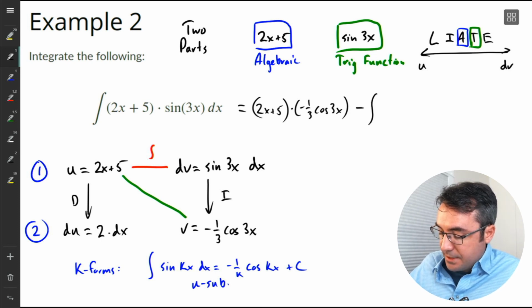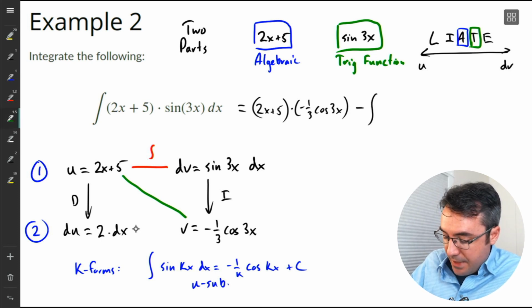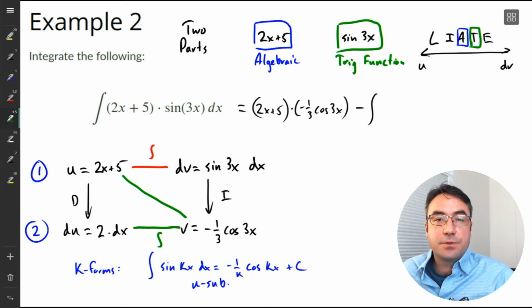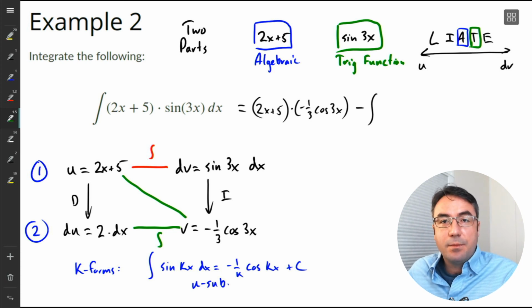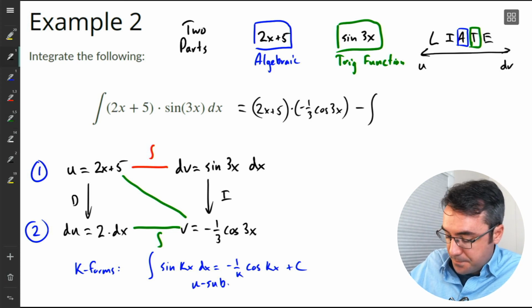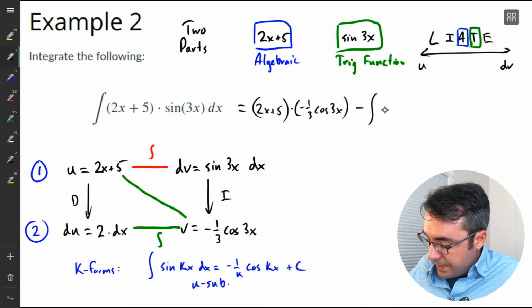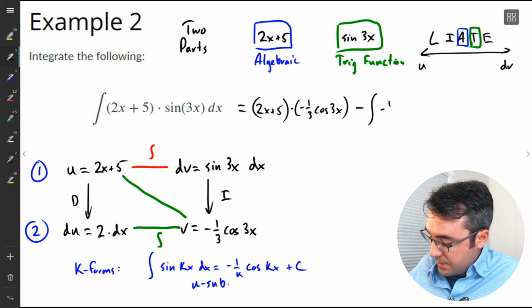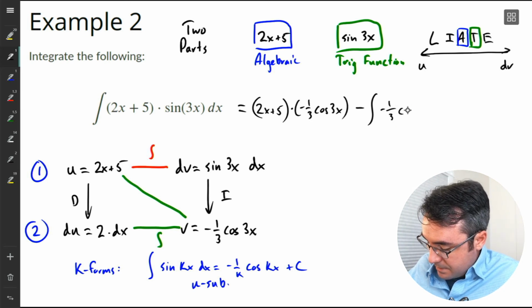Then we subtract and we integrate, and then we multiply v times du, those terms along the bottom there. So when we multiply those together, we get negative 1/3 times cosine of 3x times 2. And you know what?